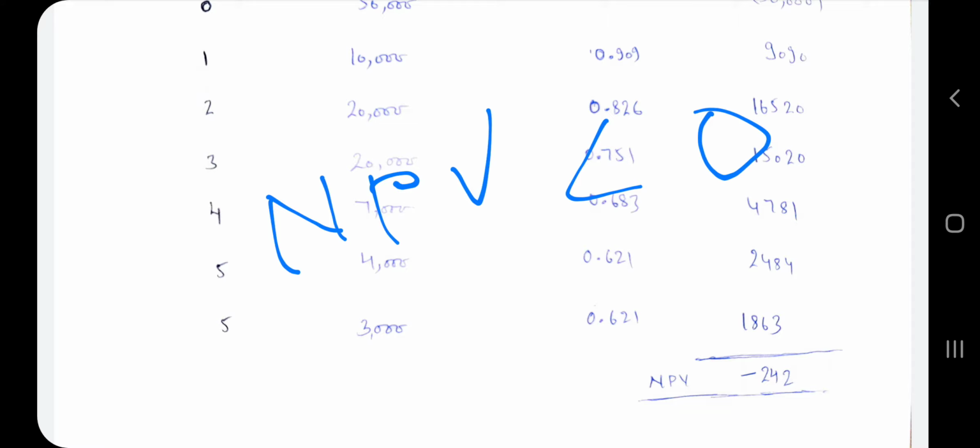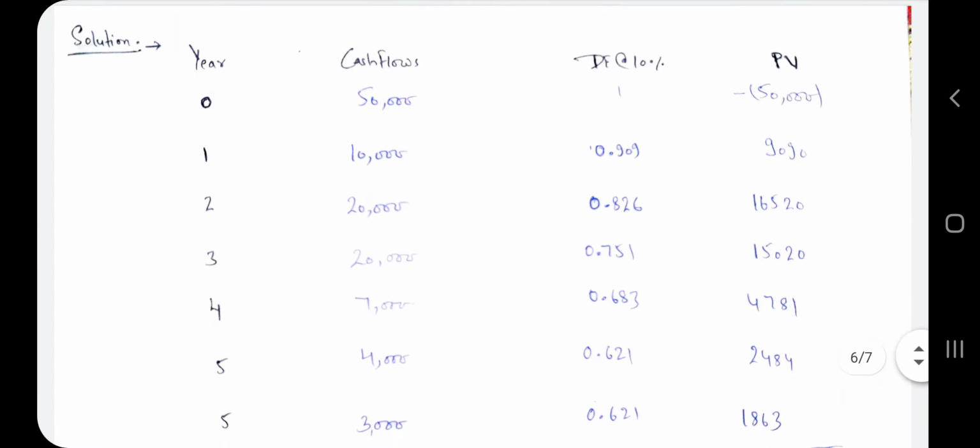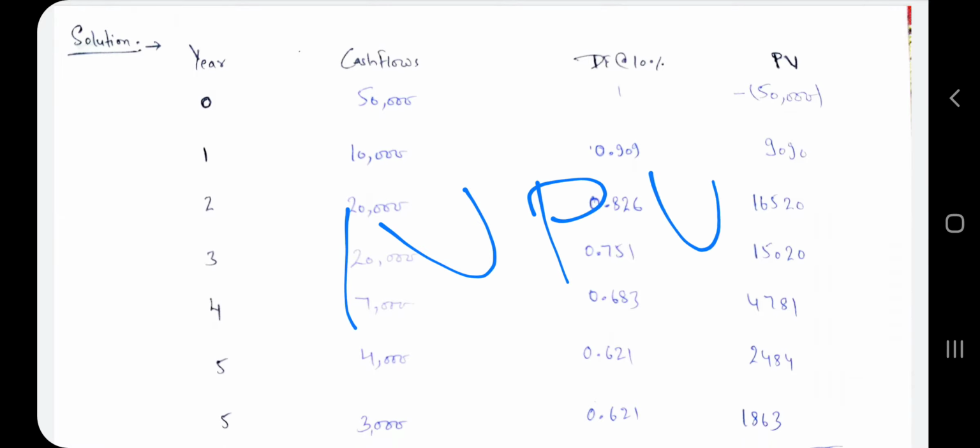So if NPV is less than 0, then we reject the project, because it does not give us the 10% discount rate, and company policy is that we want 10% after the 5 years. If NPV is greater than 0, then you have to accept that project.